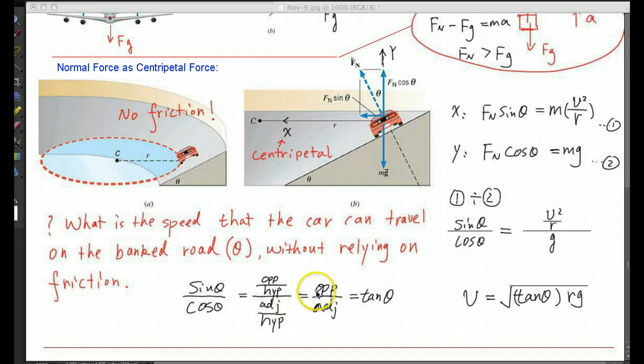Then you get opposite over adjacent side, which is exactly the definition of tangent theta. If this is tangent theta, multiply the gr over to the other side and then take the square root, and you should be able to find the velocity. That is the velocity the car can travel along the banked road without relying on any friction.